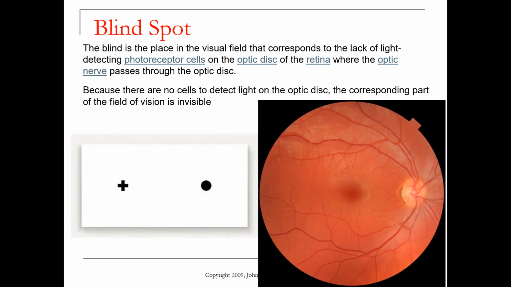But that one spot where those light rays are coming off of that black circle are not being detected. And then you switch to the other eye, you can do it again. And so the blind spot is there. It's a real thing. It's based on the absence of photoreceptors on the retina.